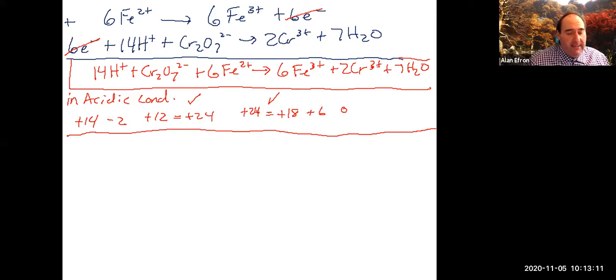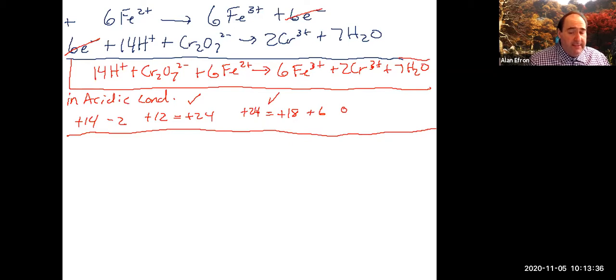We then want to add electrons to balance out the charge on each side, and those electrons should be added to opposite sides of the arrow. We want to make sure the electrons are the same number in each half reaction, and once they are, we want to add both half reactions together and cancel out whatever will cancel out. Any questions for those steps there?